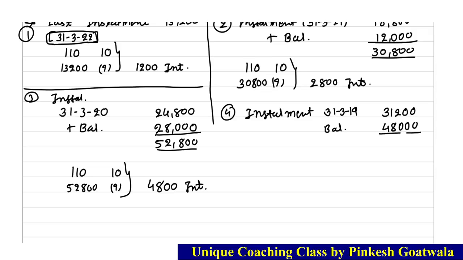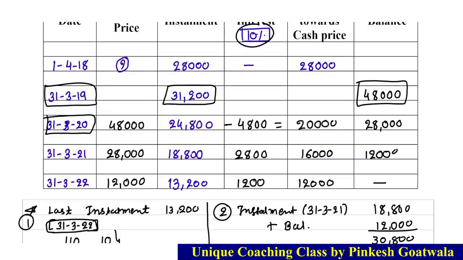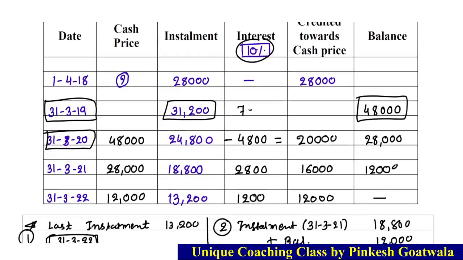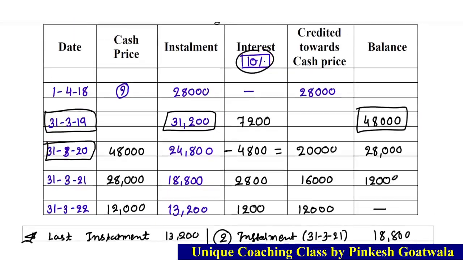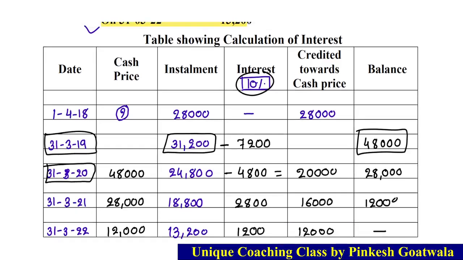So 31,200 and balance 48, so 79,200 comes. Now put this step, 110, 10. In 79,200, how much will come? Into 10 divided by 110, so interest comes 7,200. So here we get the interest, 7,200.